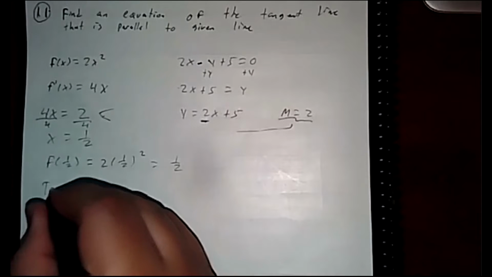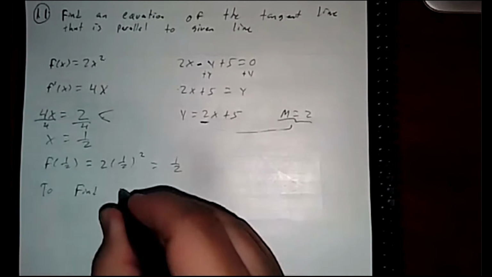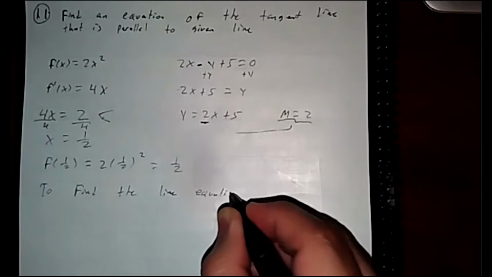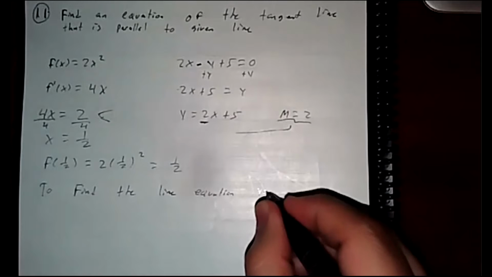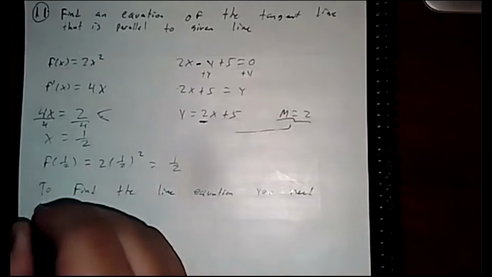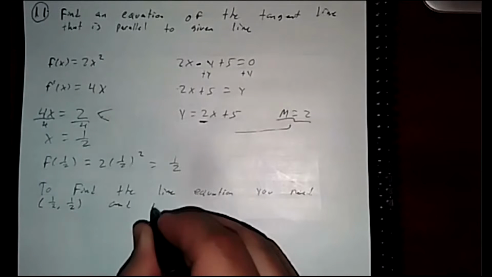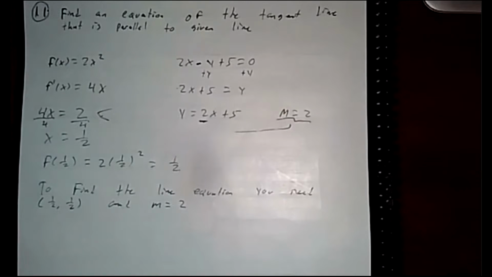So to answer the question, to find the line equation, you need 1/2, comma, 1/2, and a slope. So you need a point and a slope. All this work was to find the point, honestly, because the slope is the only thing that's somewhat obvious because they told us it's parallel.